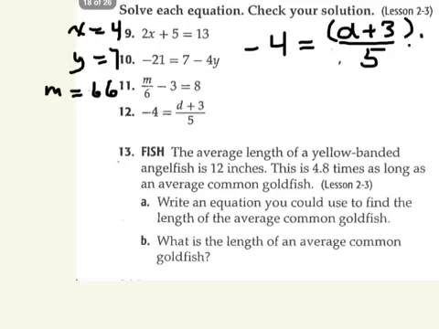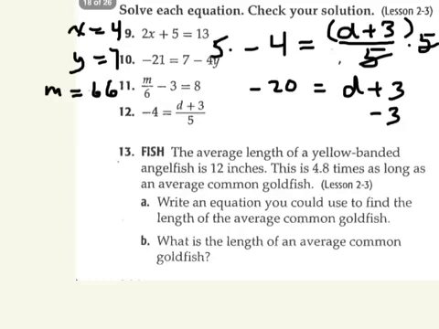So in this case, we're going to multiply both sides by 5. To get rid of the 5 in the denominator, we get negative 20 on this side. These 5's cancel out, and we're left with D plus 3. The next thing we need to do is isolate the D, so we're going to subtract 3, or add a negative 3, to both sides. And when I do that, I get negative 23 is equal to D.